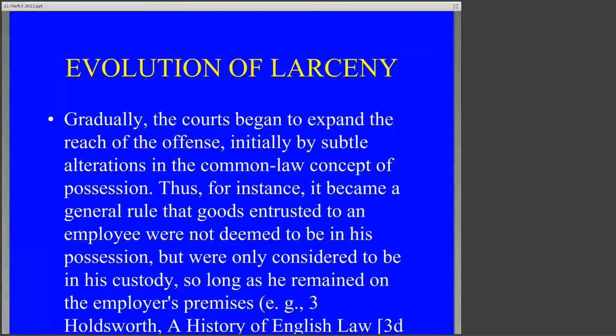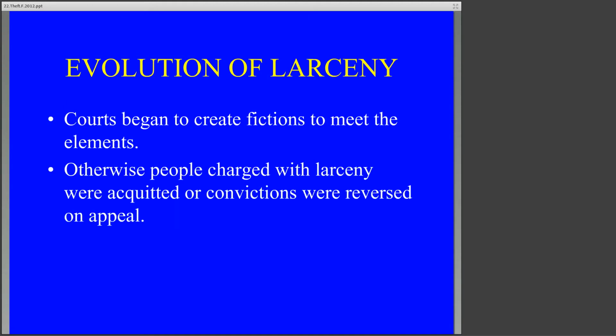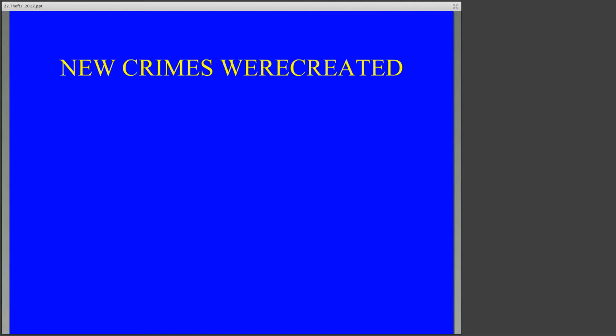This was a way to change the law to make sure some of the conduct that was not proscribed initially became illegal. Courts began to create fictions in order to meet the elements of common law larceny. Again, as we mentioned earlier, people charged with larceny were acquitted, or the convictions were reversed on appeal.